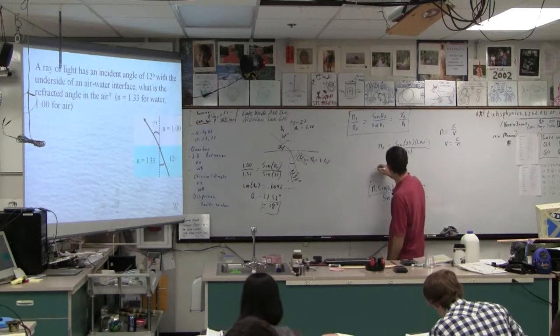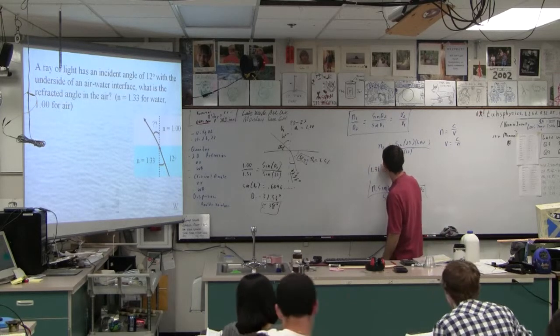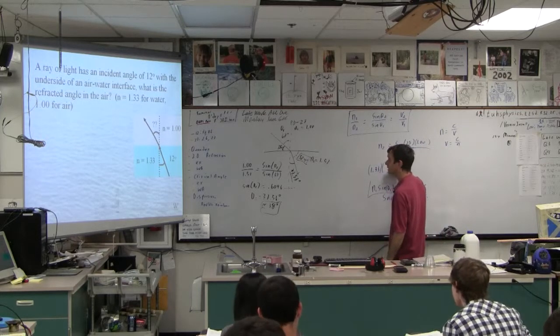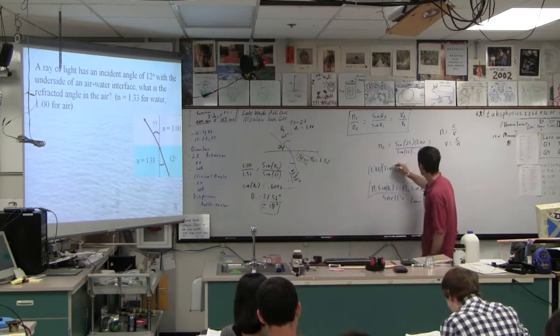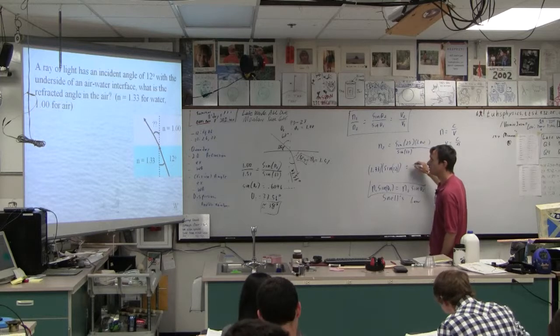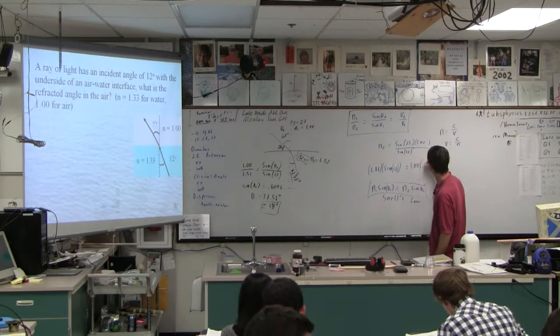So I'm going to go 1.33 times sine 12 equals 1.00.